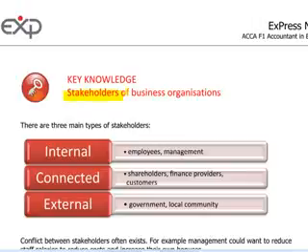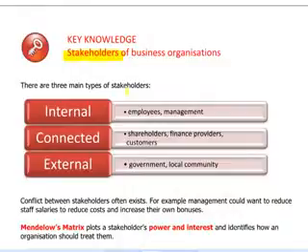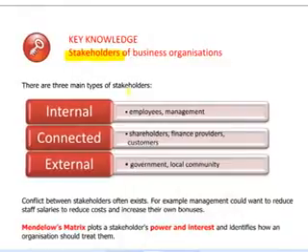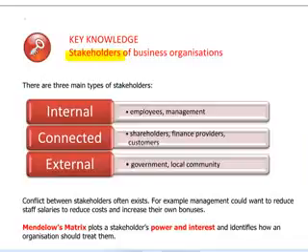It does include shareholders, but a stakeholder also includes other categories: employees, management, staff, the general public, and so on. The categorization we've got here: three main types of stakeholders: internal, connected, and external.